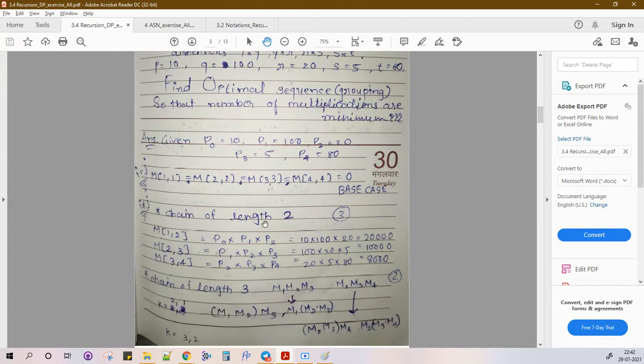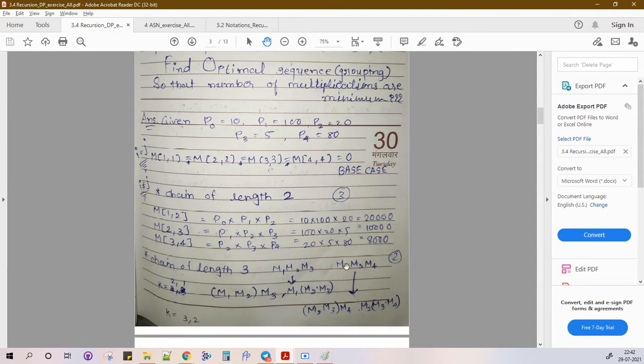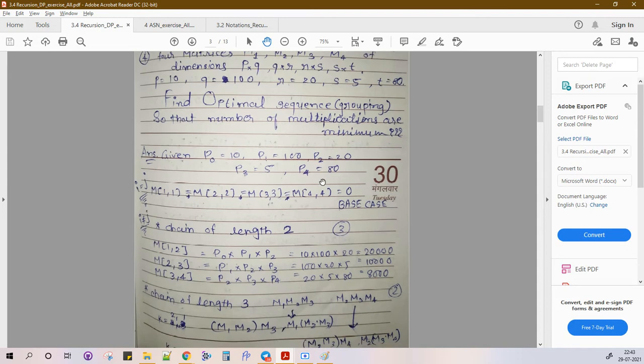We have P0, P1, P2, P3 and P4. I have written pq, rst like this because we would be using P(i minus 1), P(k), P(j), so I converted these values into P0 to P4.